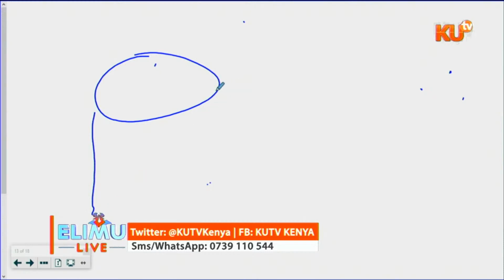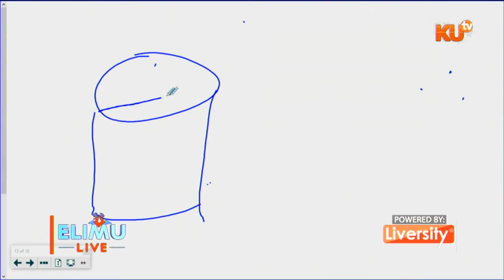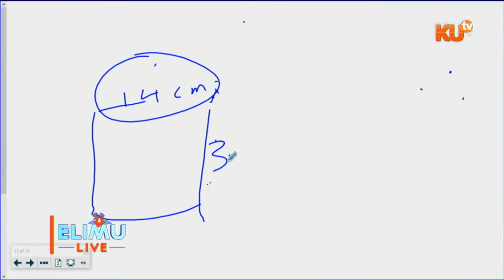So for Esther's case, this one here is our closed cylinder, with radius, not diameter, measuring 14 centimeters, and the height is 30 centimeters.